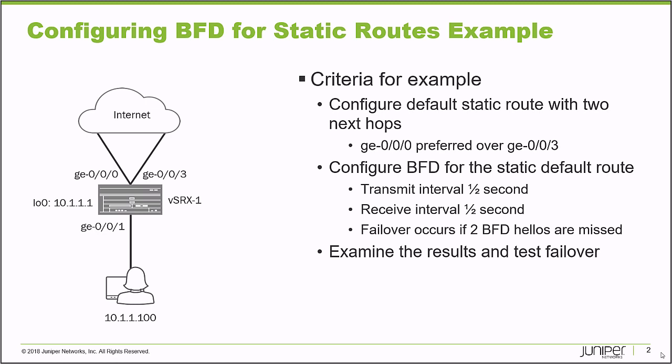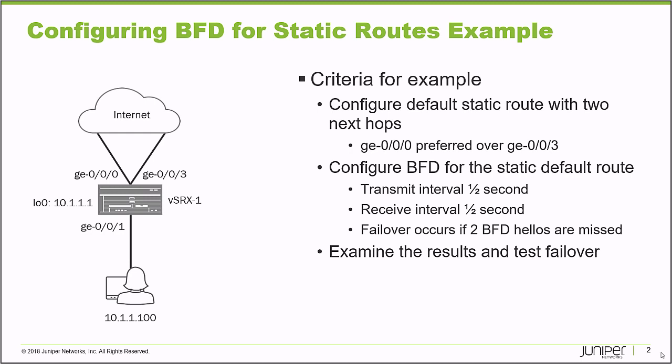So what we need to do is configure two static routes that are default static routes, so it sends everything from the VSRX to the internet through a specific interface. And we want to have ge-0/0/0 preferred over ge-0/0/3. Then we want to configure BFD for the static default routes. Notice I said routes, as in plural, because this has to be configured on both sides, on the VSRX and also on the ISP router, and I'll show you how to do that.